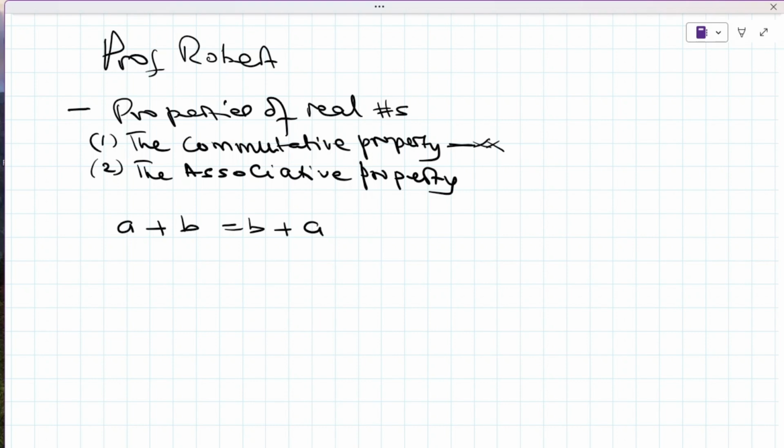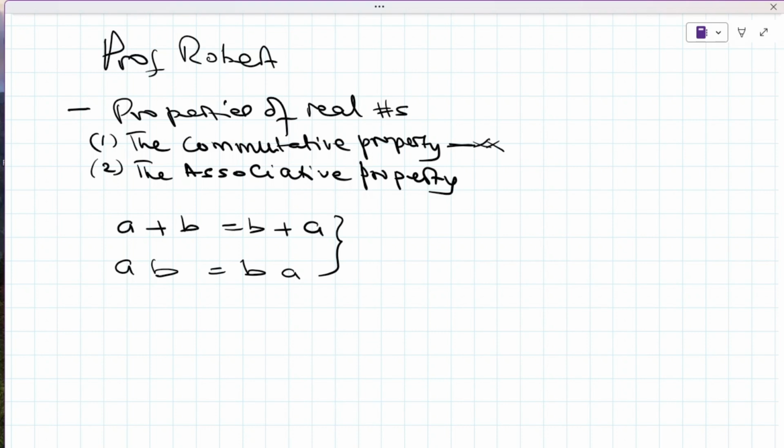Now, this is the case of addition. And in case of multiplication, A multiplied by B is the same as B multiplied by A. So this regards the commutative property.